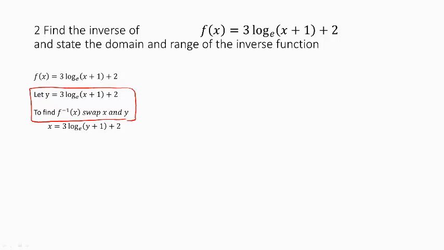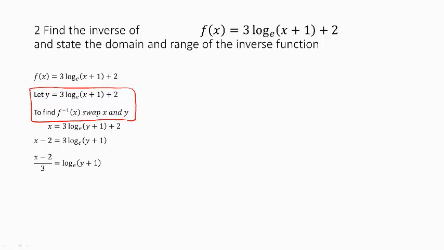Now, when I swap x and y, x equals 3 natural log of (y plus 1) plus 2. Now we're just going to transpose to get the y by itself. So subtract 2 from both sides, divide both sides by 3. Now we've got natural log, log to the base e of (y plus 1).